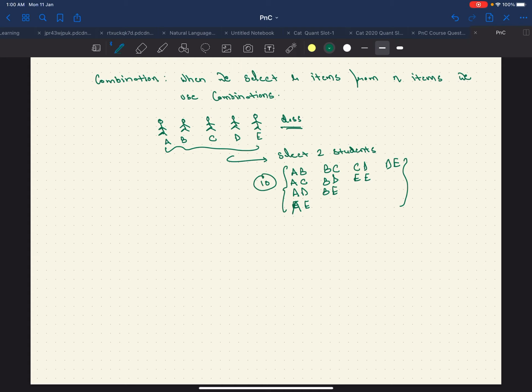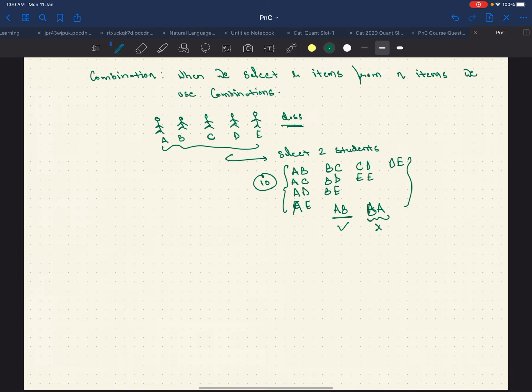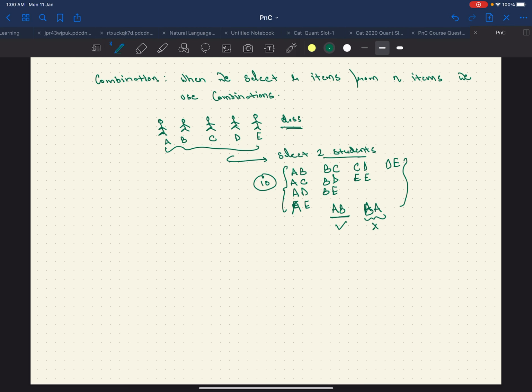Now let's see how to get this using the combination operator. One thing I would like to bring to your attention is, we used the case AB, but we did not use the case BA as a separate case. We only used AB. Why is that? Because whenever we are selecting two students, we are not giving different positions to those two students.